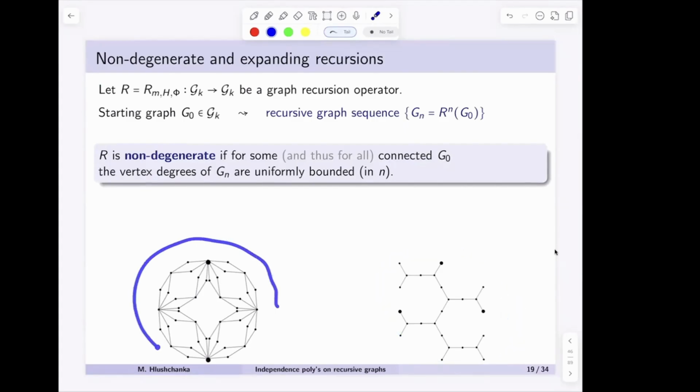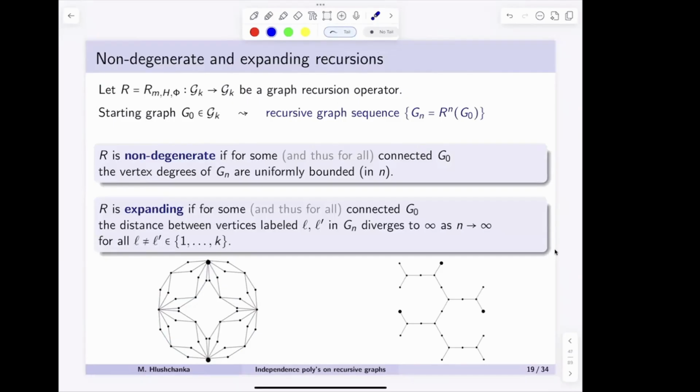However, the diamond hierarchical lattices would be degenerate because the vertex degree of the labeled vertices blows up, it grows exponentially fast. Remember, in the diamond hierarchical lattices, I take 2 copies of the previous graph and I glue them together at the new vertex. So the labeled vertex would have degree 2 to the power k, where k is the iteration. So here, this is degenerate.